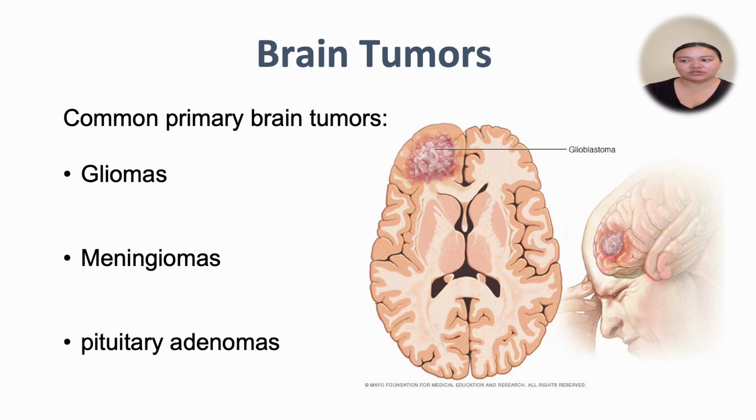An oligodendroglioma arises from oligodendrocytes. And ependymal cells give rise to ependymoma tumors. The meningiomas are tumors that arise anywhere from the meninges within the CNS, and pituitary adenomas arise from the pituitary cells.